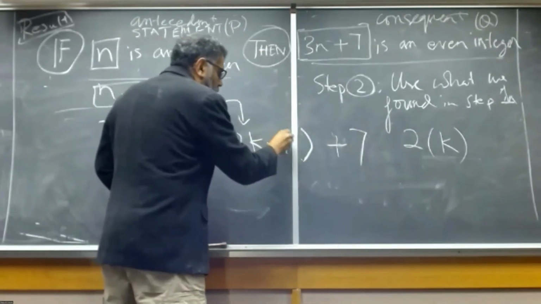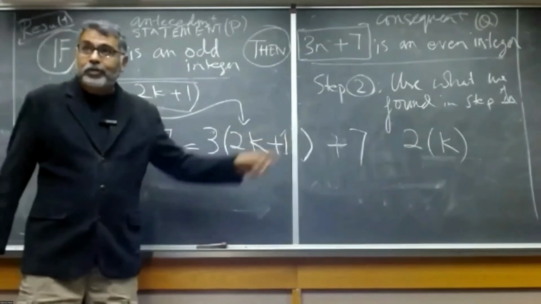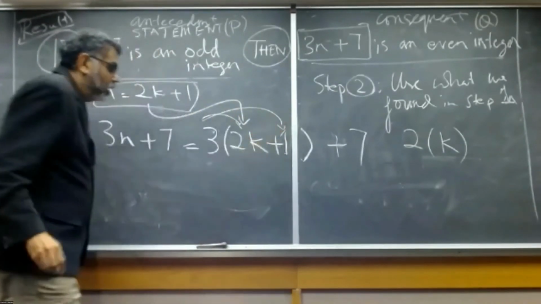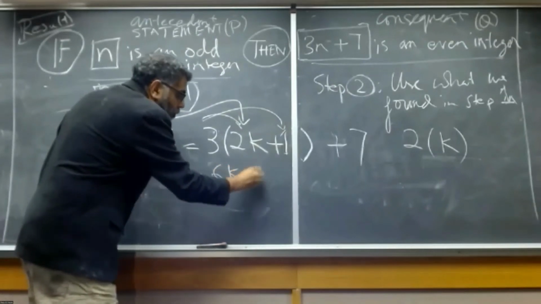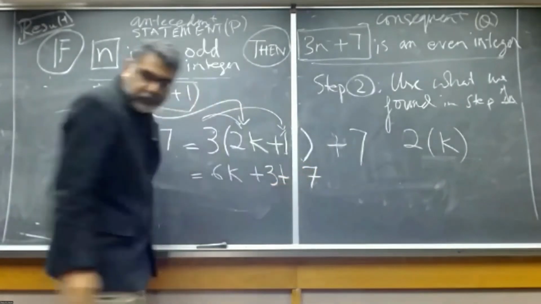This is when algebra comes in and I get stuck. So we just distribute 3 over: 3 goes here, 3 goes here. So now we have 6k plus 3 plus 7.